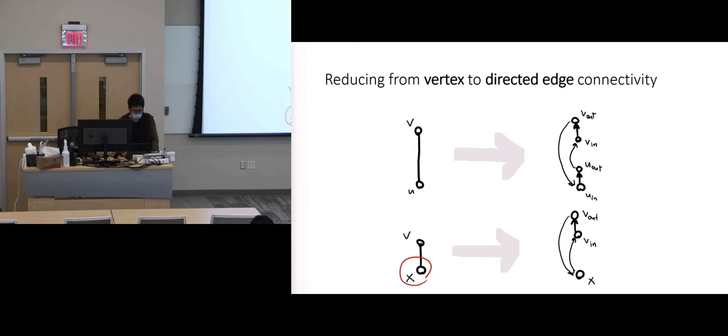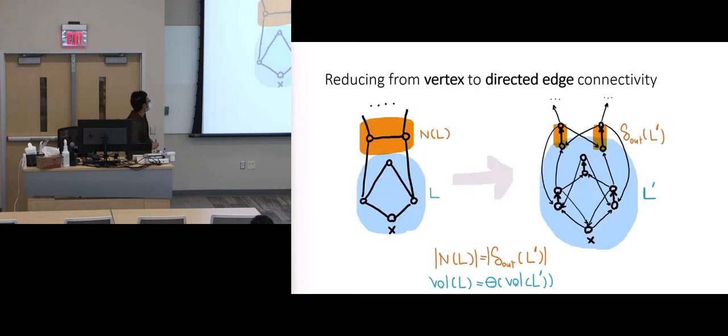So in the picture, suppose this is a set L, and there is a vertex cut of size 2 that separates L from the rest.